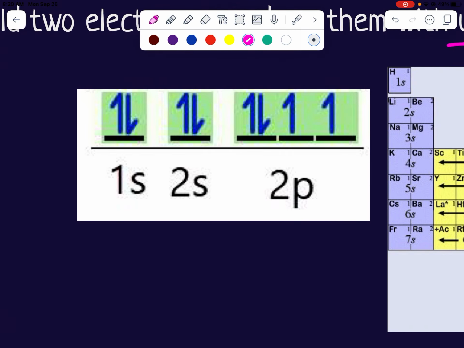I want us to be able to determine what element this is, and there are 2 different ways we can do that. One way is we could count the total electrons. So I'm going to count the electrons as I go across. 1, 2, 3, 4, 5, 6, 7, 8. So this is an element with 8 electrons.